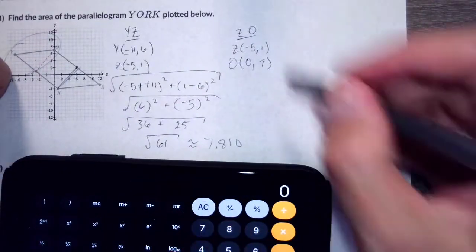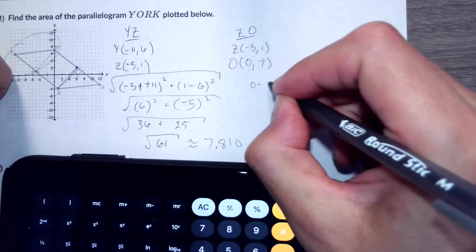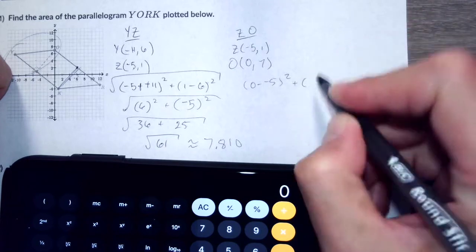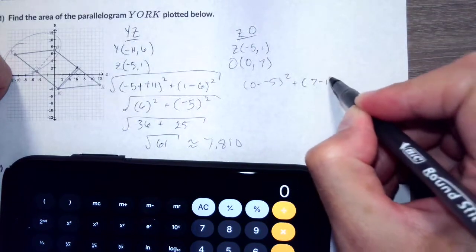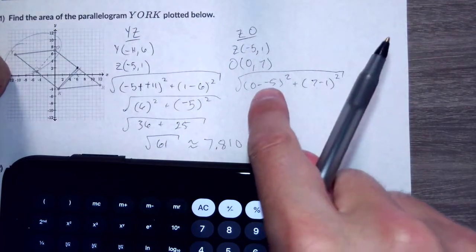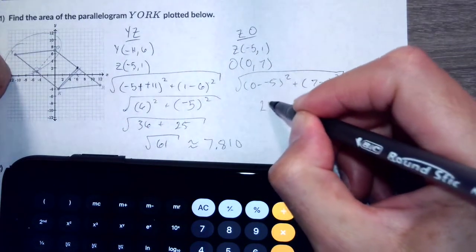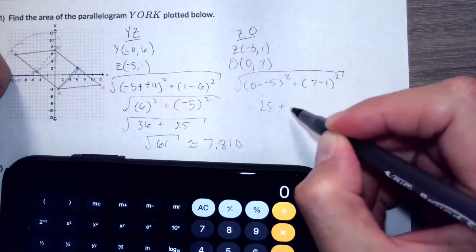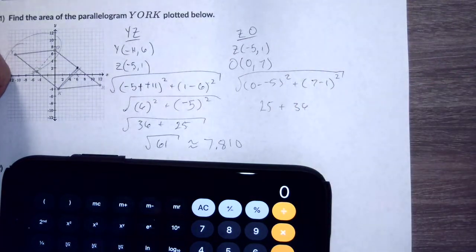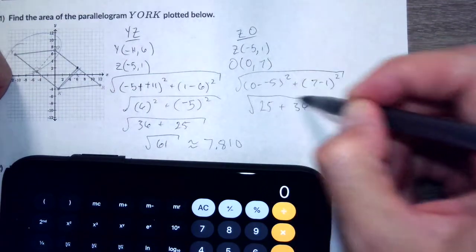Should be pretty simple. So 0 minus negative 5 squared plus 7 minus 1 squared, square root. This would be 25 plus 36. 7 minus 1 is 6, squared is 36.